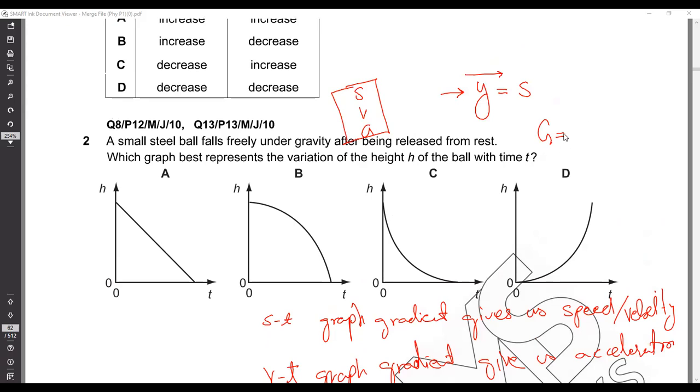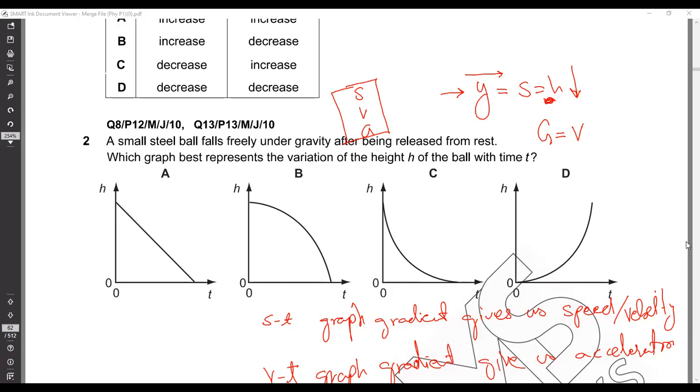So as you drop an object, should height increase or decrease? Decrease. So if there is any graph where the y-axis is increasing, that cannot be the answer. Is that right?